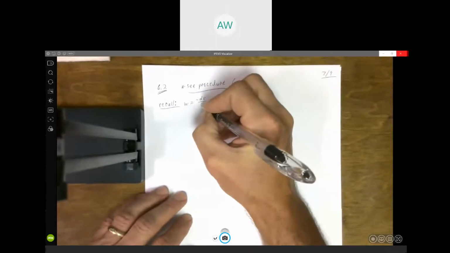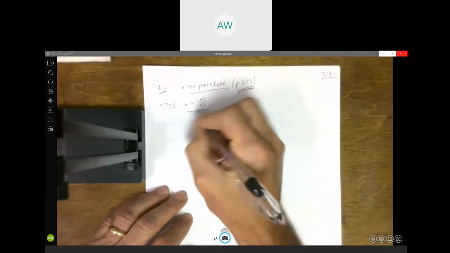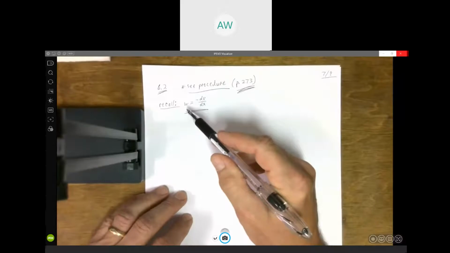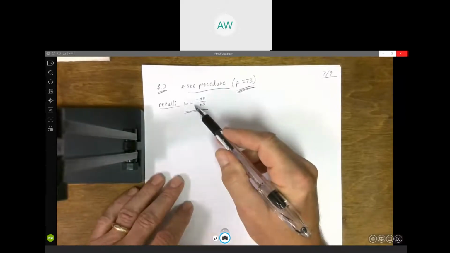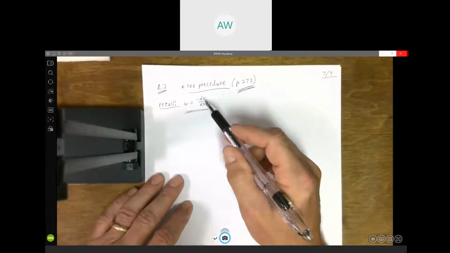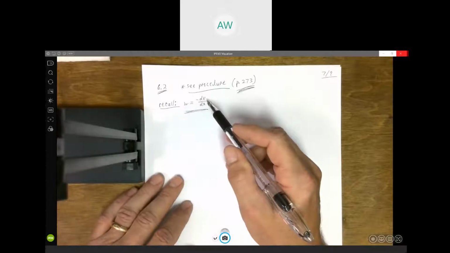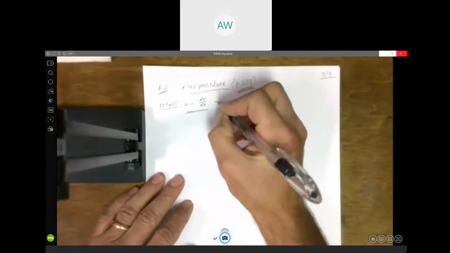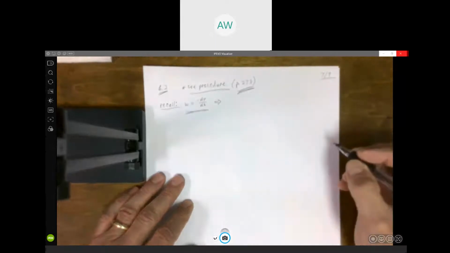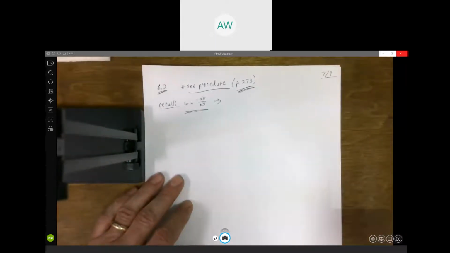We had this relationship where w is the distributed load. We saw that it was equal to the negative of the derivative of the shear function. Now, that tells me something. Think of general calculus: when you take the derivative of a polynomial function, the largest exponent decreases by 1.